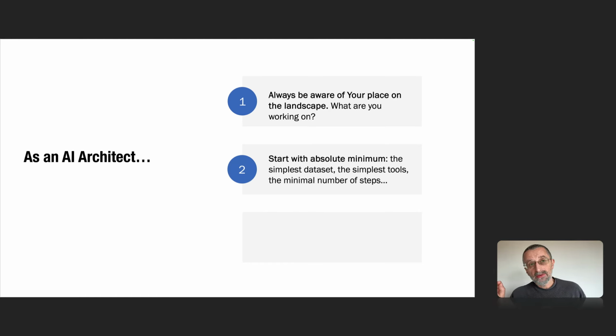Next, if you initiate a project, for example in your lab, start with the absolute minimum, the simplest dataset possible, the simplest tools, the minimal number of steps. Why? Because if you create such a proof of technology, even not a proof of concept, and later develop this, you are always in control. You can see the potential source of a mistake.